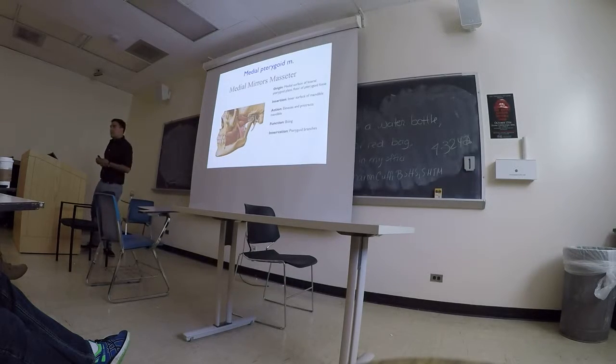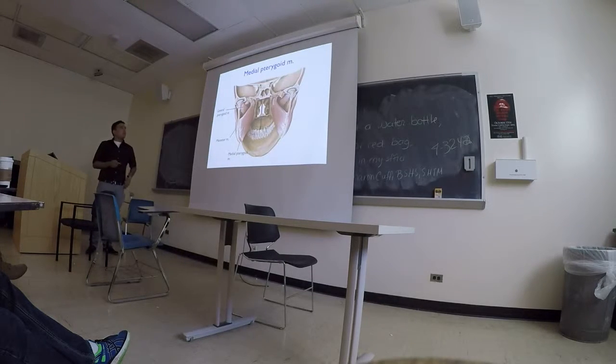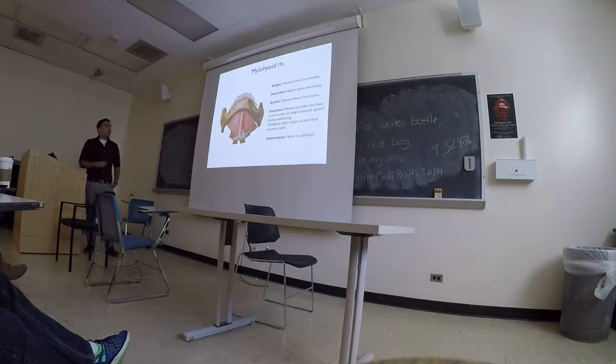The way I remember this is medial mirrors masseter, so the same sort of function and action, but the difference is inserting on the medial aspect of the mandible, whereas the masseter would be out here on the lateral aspect. Okay, and here you see the medial pterygoid on the internal aspect, the masseter on the external aspect, and the lateral pterygoids here superiorly. Okay, so those are the chewing muscles.